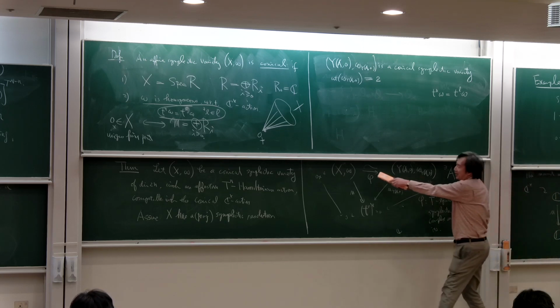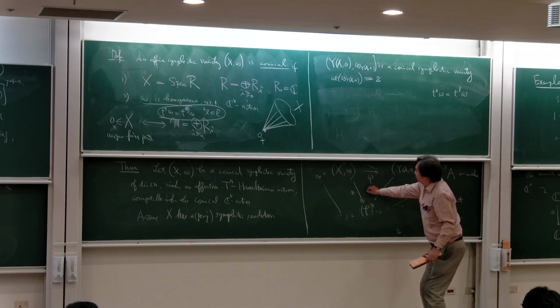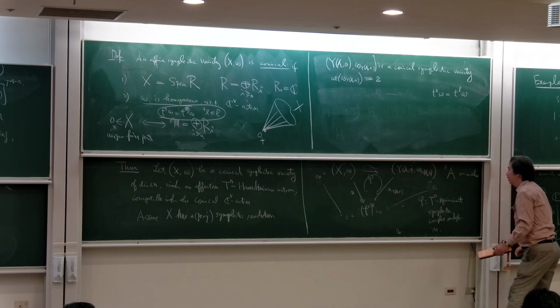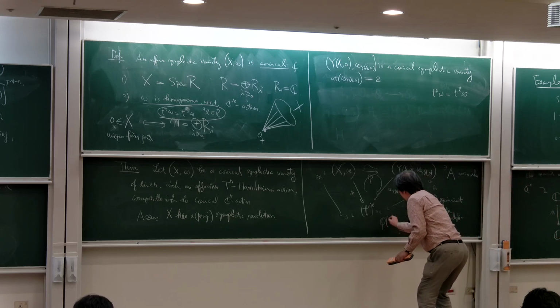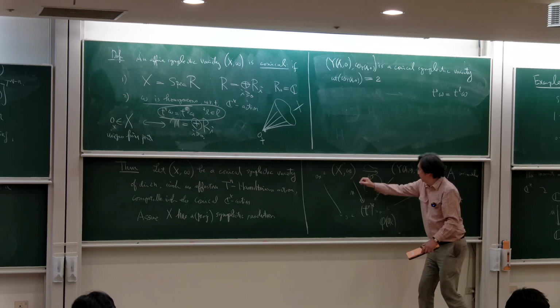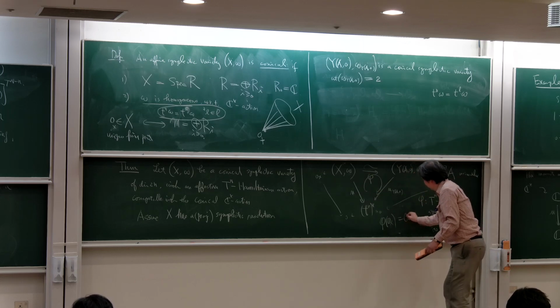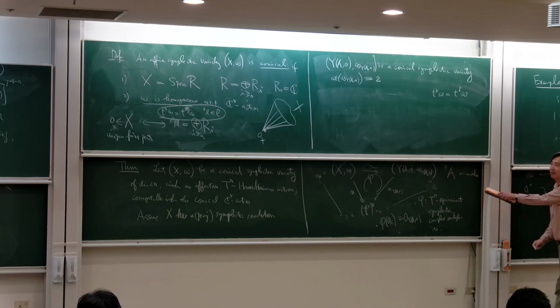So it preserves omega and omega_Y, and it commutes with the action, with this moment map. And moreover, phi sends the origin of X to the origin of Y. This is the main result.